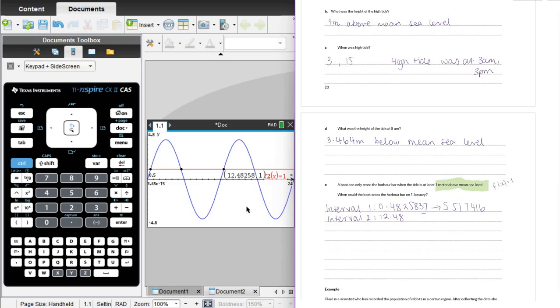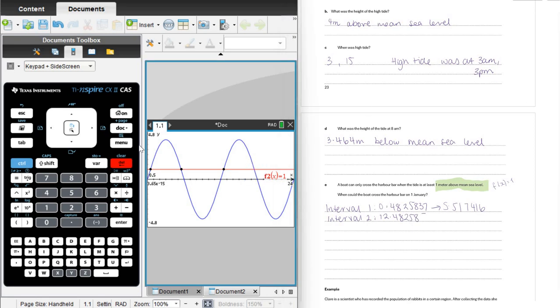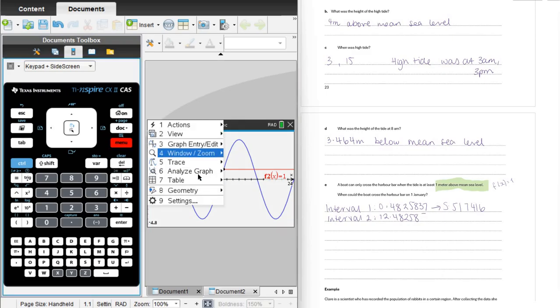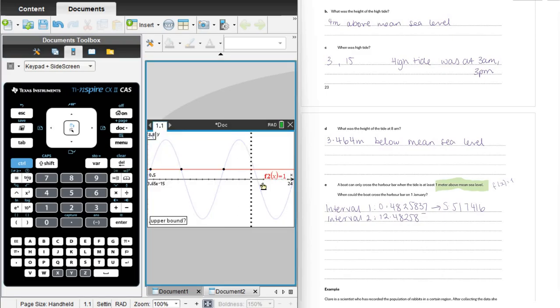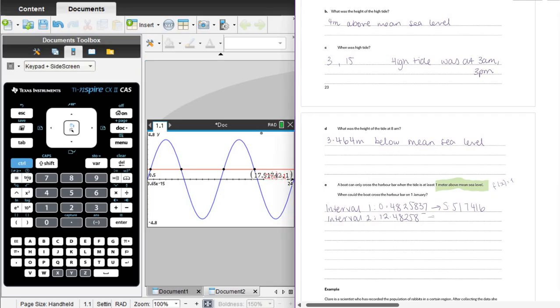Now, I've written that down wrong, so bear with me there, but 12.48258. And then I just need that last interval as well. So I'm going to analyze intersection, and that's at 17.51742. And it'll be 16 because it matches up with that one.